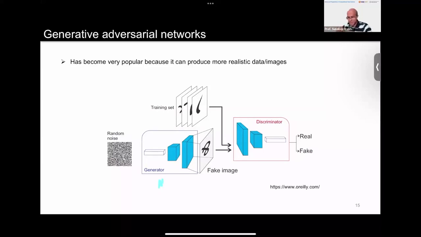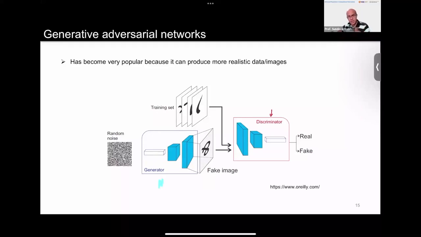So it has two parts and two boxes. One is the generator, the other one is the discriminator. The generator, as the name says, has the goal of generating images. It is again an unsupervised training technique, but the supervision is coming through this discriminator.